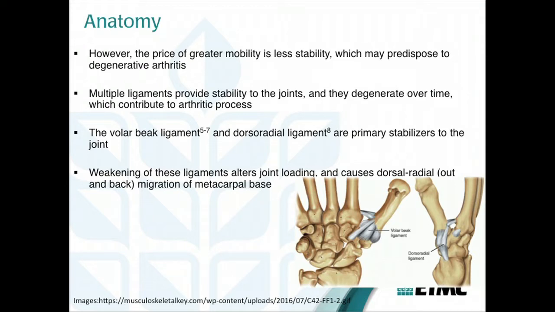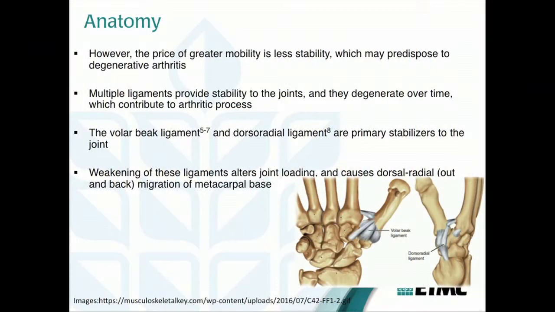There are actually many ligaments that provide stability to the joint, and they degenerate over time, which contributes to the arthritic process. So if you look at the pictures on the bottom right, there are 2 ligaments in particular. One of them is called the volar beak ligament. So this is a picture of it looking at it from the palm side.